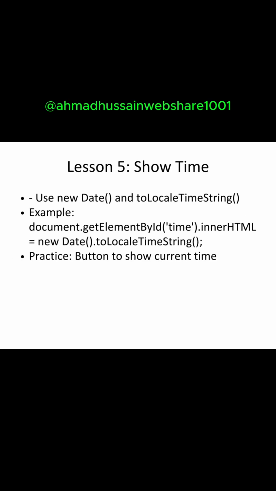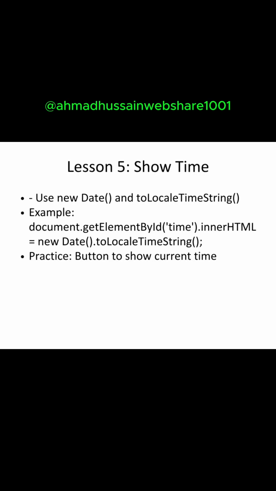Now, in our fourth section, we will use the getElementById and innerHTML example. The document.getElementById demo.innerHTML equals new text, and practice a button to change the text. Whenever we want to show a message in any HTML object, let's say in a text box or a button or a label, we use the browser function getElementById.